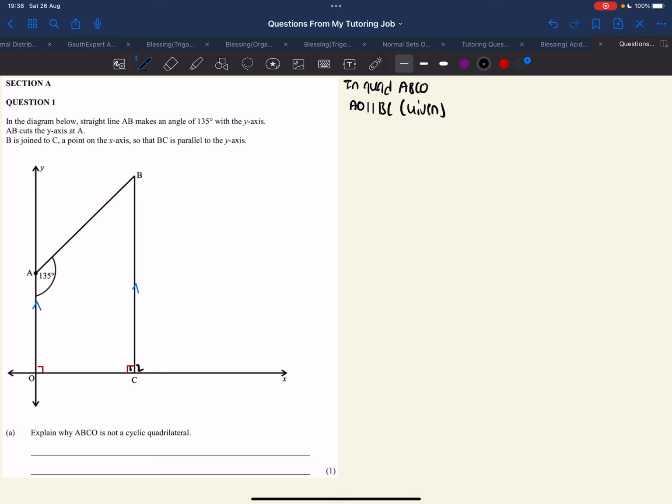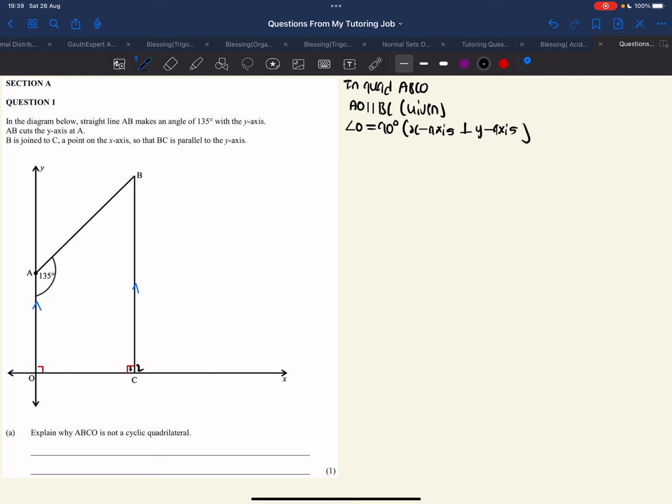This means that angle O is equal to 90 degrees, because the x-axis is perpendicular to the y-axis. The x-axis is always perpendicular to the y-axis, always. This is the first thing that you have to know.